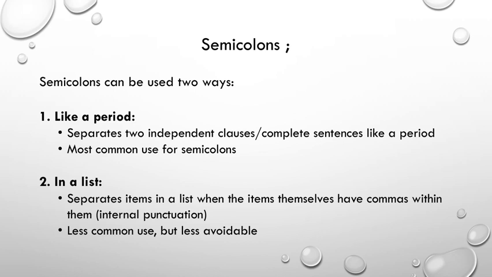This is less common, but it's also less avoidable. If you want to avoid using a semicolon, you can choose not to use the first case. The second case, you would have to rewrite the structure of the list or change the information you're providing in order to avoid using it in a list that already includes a comma.